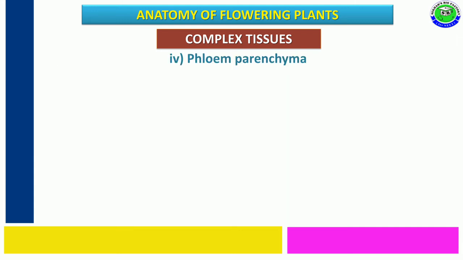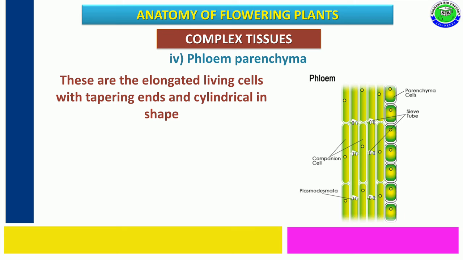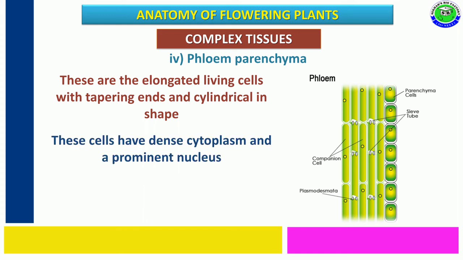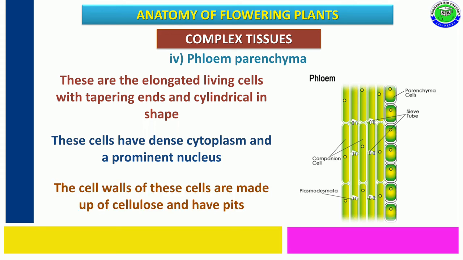The fourth component is phloem parenchyma. Phloem parenchyma are elongated living cells with tapering ends, arranged cylindrically along with various components of phloem tissue. Each phloem parenchymatous cell consists of dense cytoplasm and a prominent nucleus.